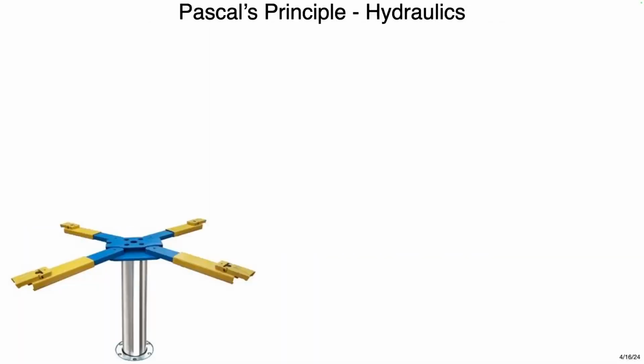All right, let's take advantage real quickly of what we know about pressure and talk about hydraulic systems. This is a car lift, the kind of thing a mechanic would use to raise the car up to be able to work on it comfortably and safely. Hydraulics are found in a lot of different places. They're on doors.